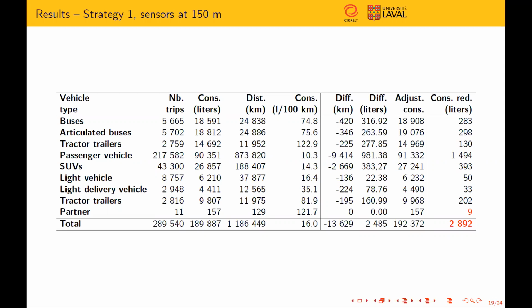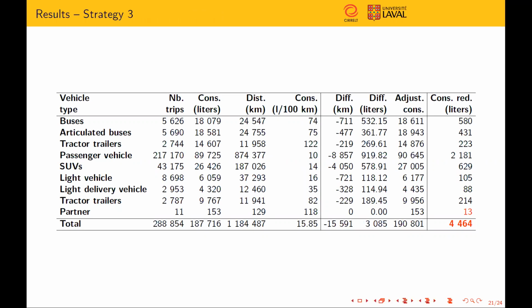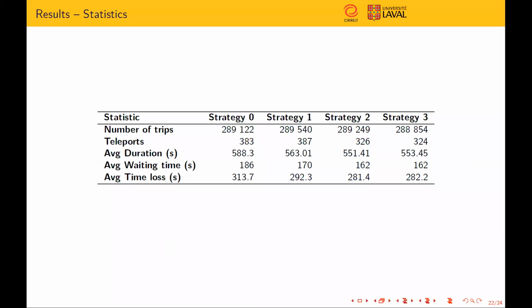And sometimes when we change the sensor, we have 2,000-3,000 more trips. So this is a question that we should resolve before going further. So we have here the result of each strategy. And finally, some simulation statistics.